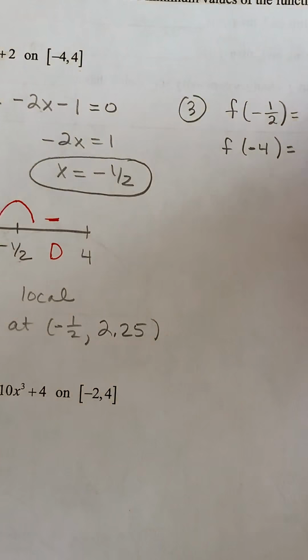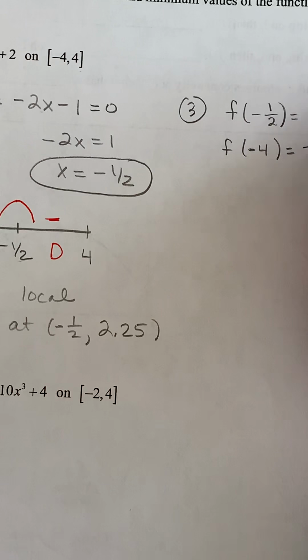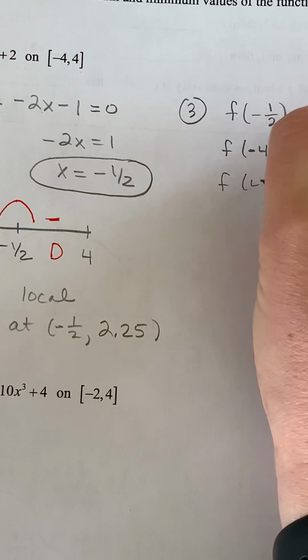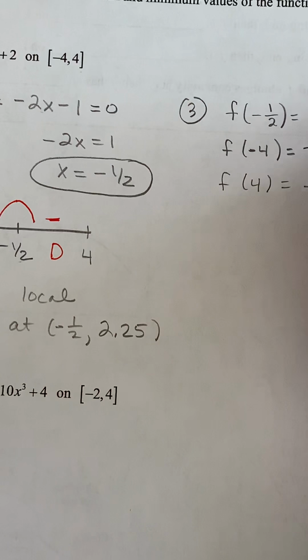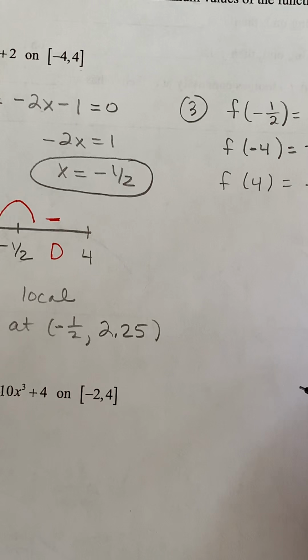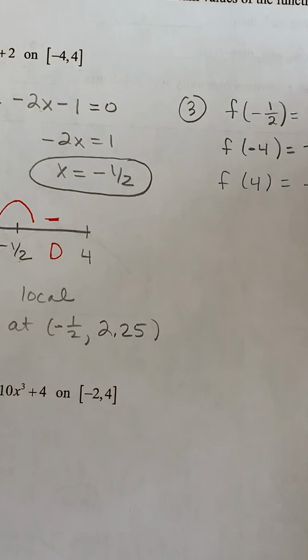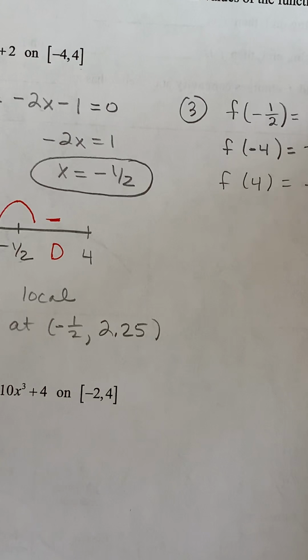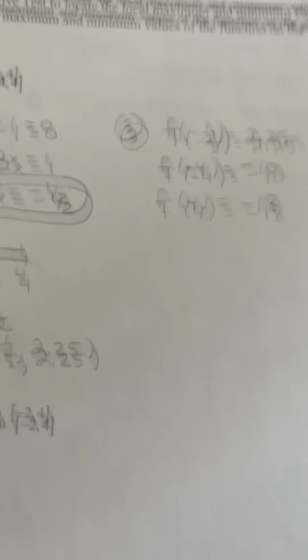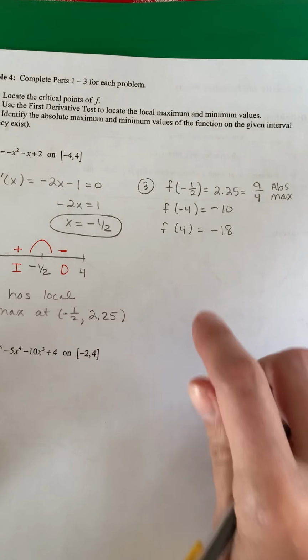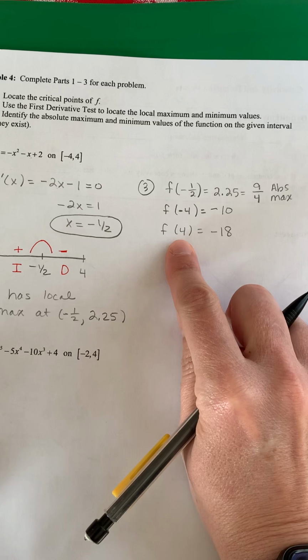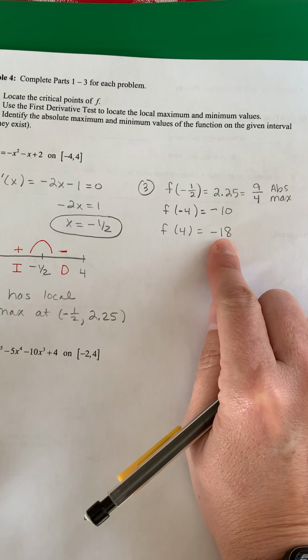So negative 4, we got negative 10, and positive 4, we got negative 18. All right, so we can see that our high point or our absolute max is the first one that we have. And then we can see our absolute lowest point is going to be right here.